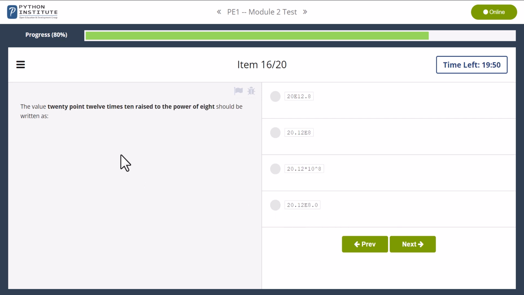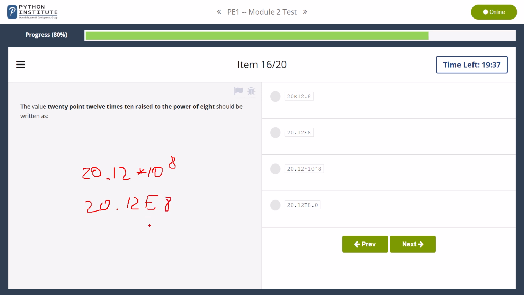The value 20.12 times 10 raised to the power of 8 should be written as. Okay, this is an interesting question. 20.12 times 10 raised to the power of 8. Okay, so this is the scientific notation. The same could be written as 20.12E8.